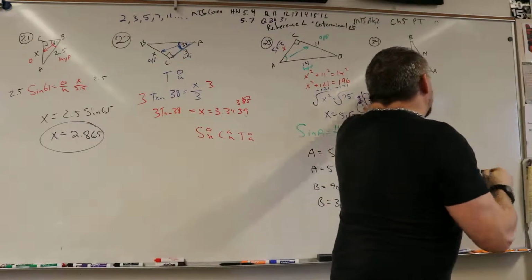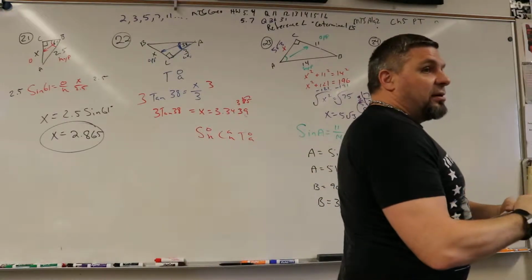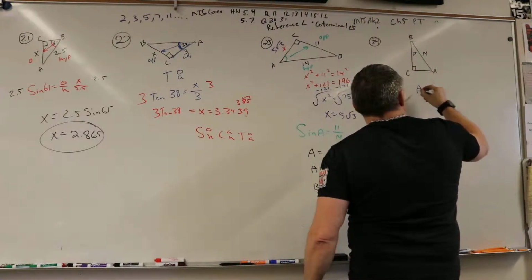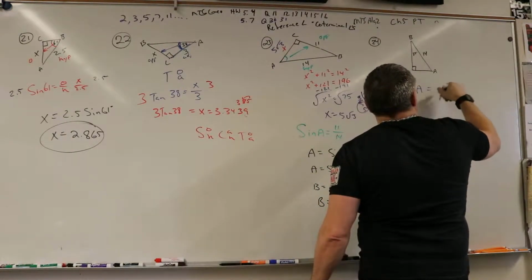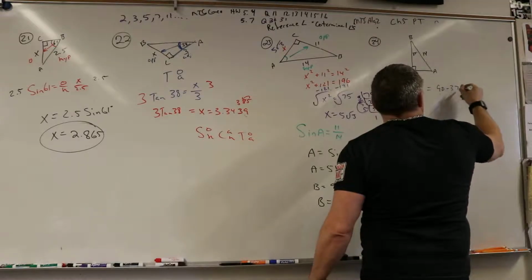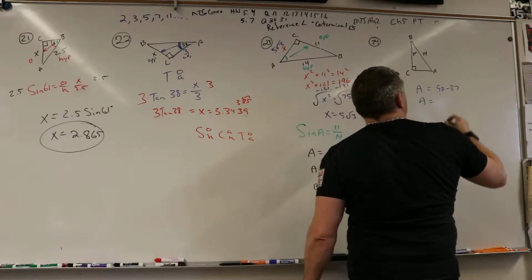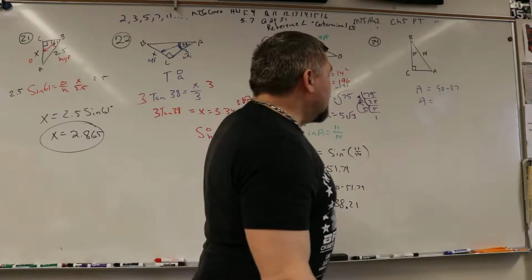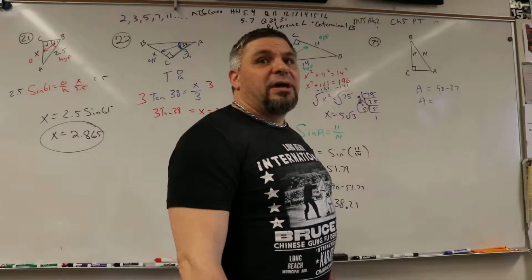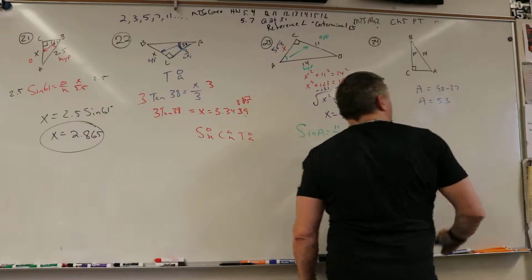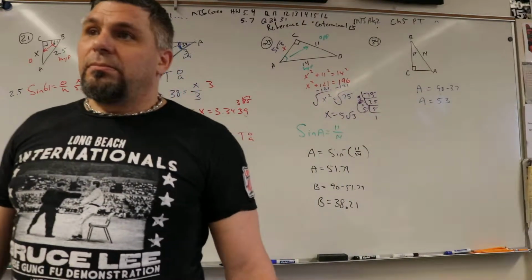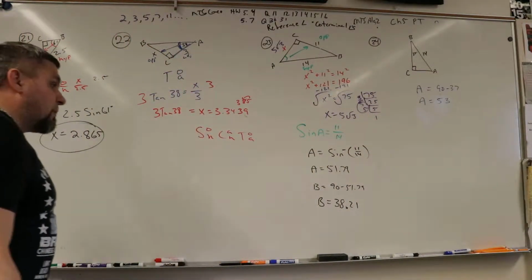Second of all, if this is 37, what's angle A? A is equal to 90 minus 37, so angle A is 53 degrees. That makes sense?